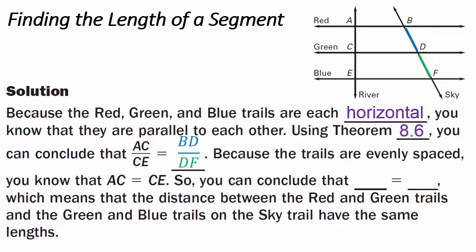Because the trails are evenly spaced, you know that AC is equal to CE. So these two line segments are equal. So you can conclude that BD is equal to DF, which means that the distance between the red and green trails and the green and blue trails on the sky trail have the same length.